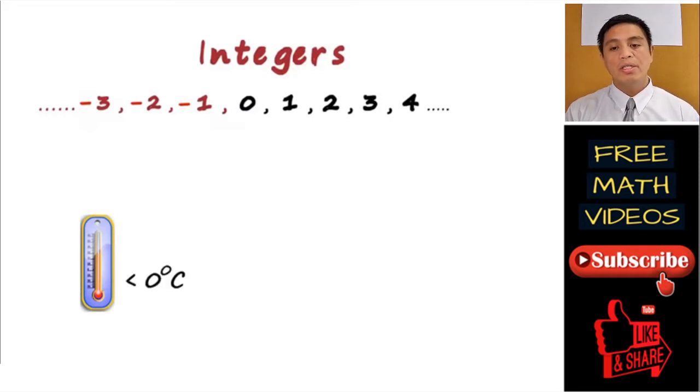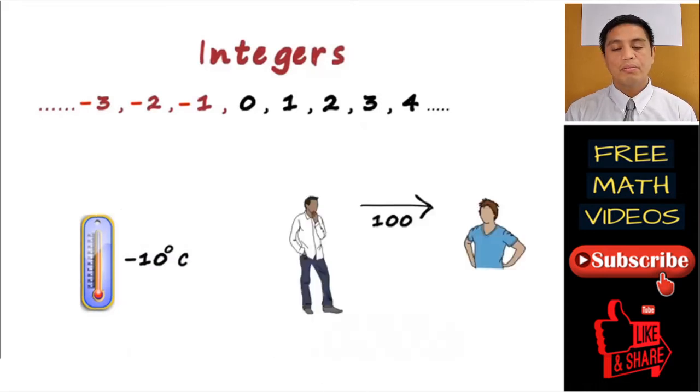Okay, so they use negative integers to read or to identify their temperature. So they use negative numbers. And for this example, the temperature is negative 10 degrees Celsius.